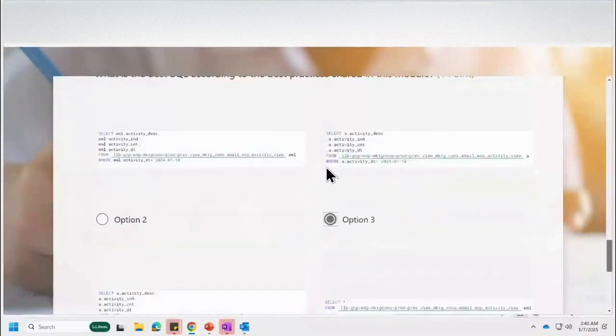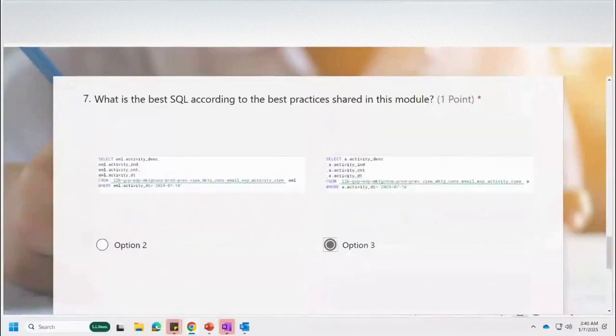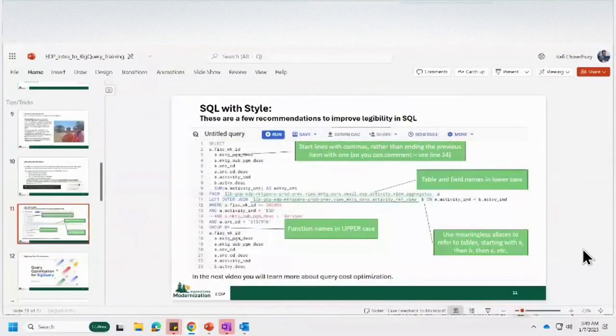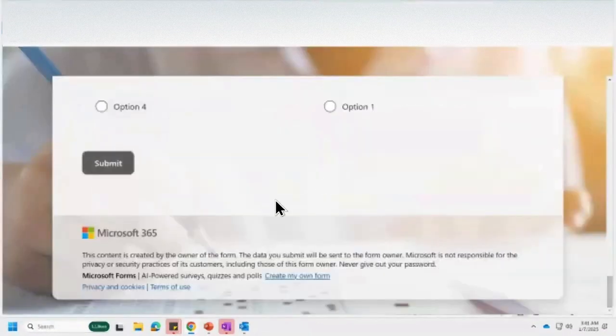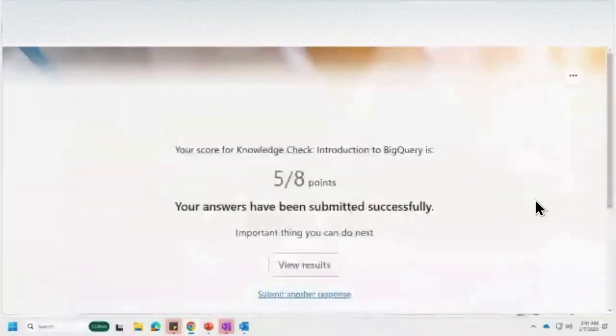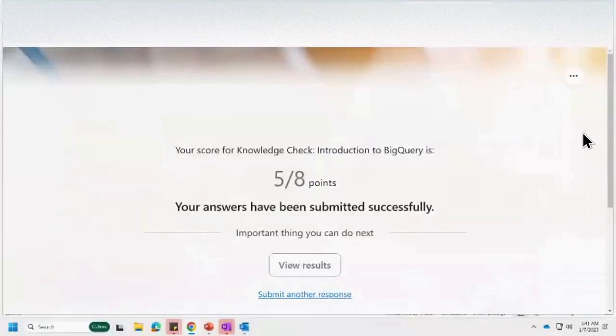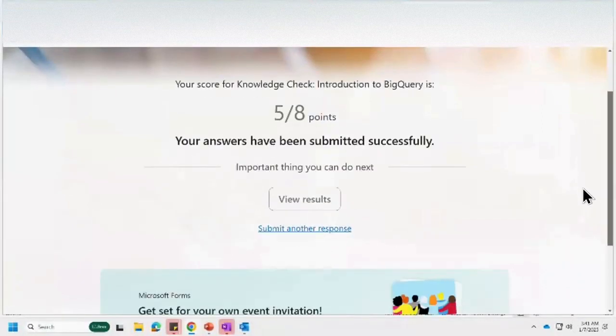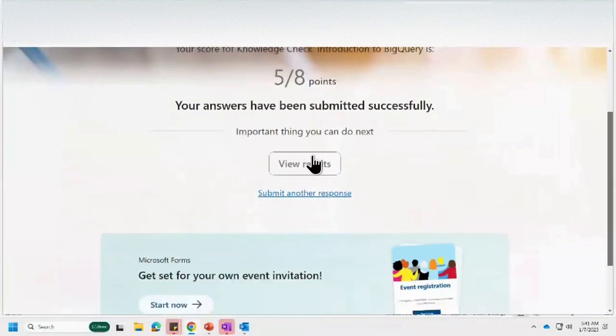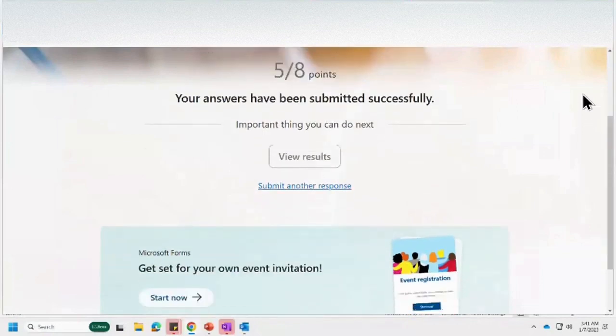This one starts with commas, that style. If you see the start of the line, commas, option 3. What is the first option?